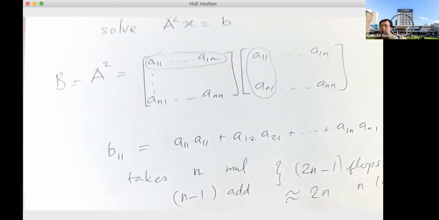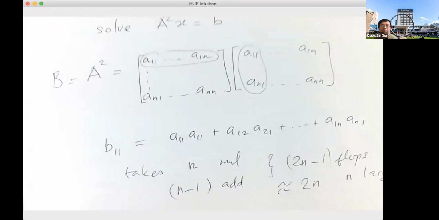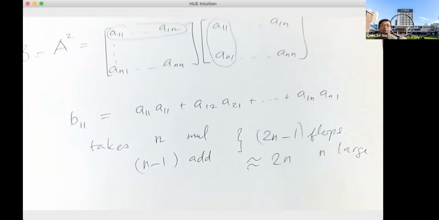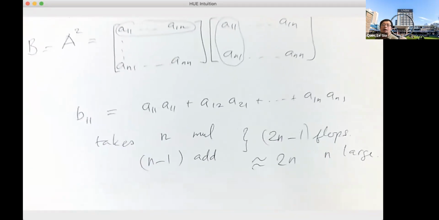Then how many entries do you have for the matrix B? n squared entries, multiplied by 2n.